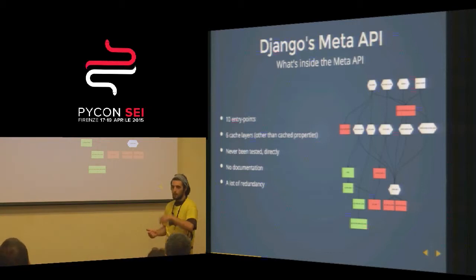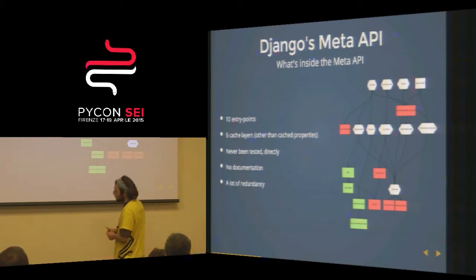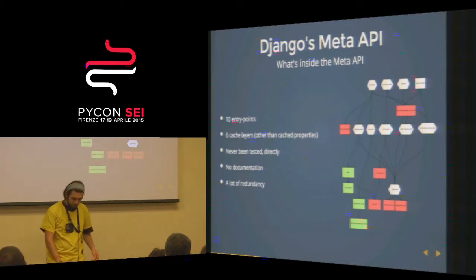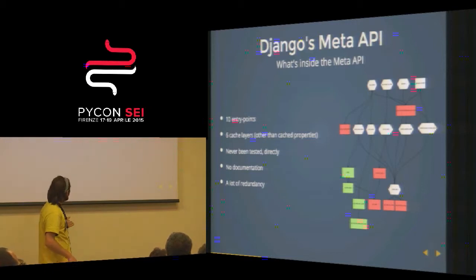And while I was designing the new API, I had to make a trace of what the old API looks like, and this is what it looked like. It was, let's say, quite tangled up. And so that brings me to today, where my API has finally landed inside Django 1.8.